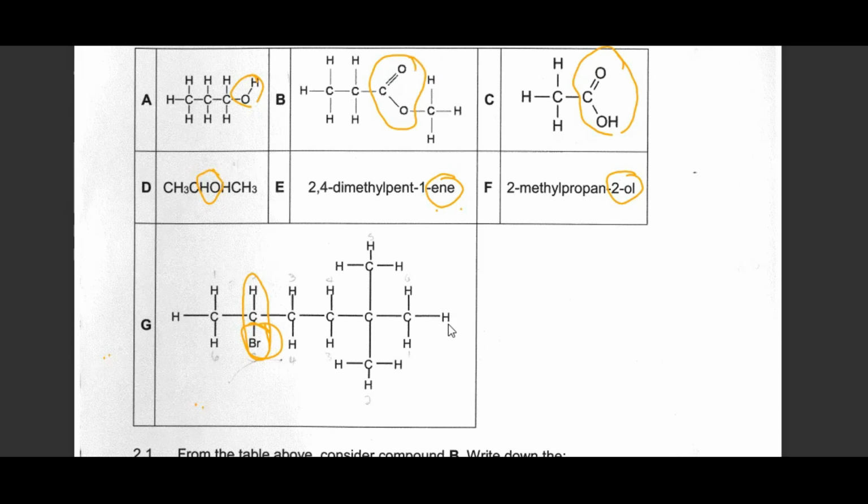Okay, now we need to find out which one is, first of all, we know that this is an ester. And ester, how do they end? They end with the word "oate." Yes, but you need to know which one came from the alcohol, which one came from the carboxylic acid.